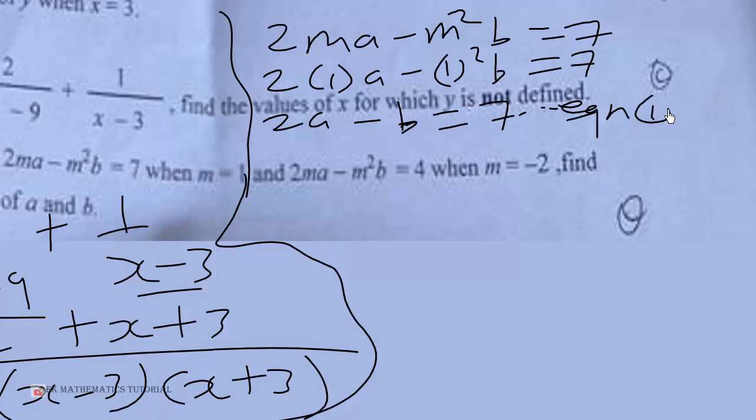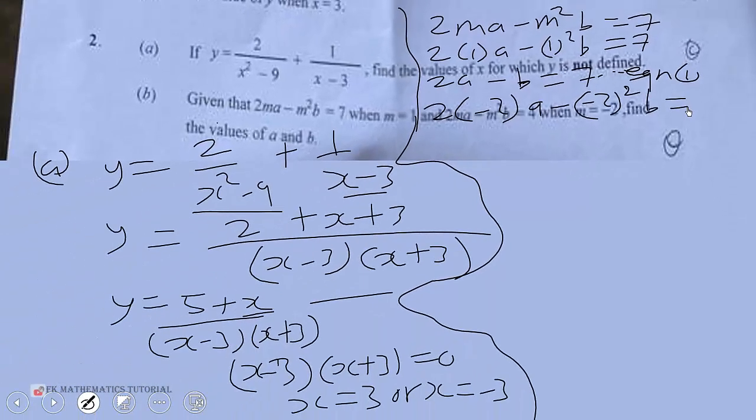Then again, we have 2ma when m equals negative 2. So we have 2 into brackets negative 2a minus negative 2 squared b is equal to, this time, 4.